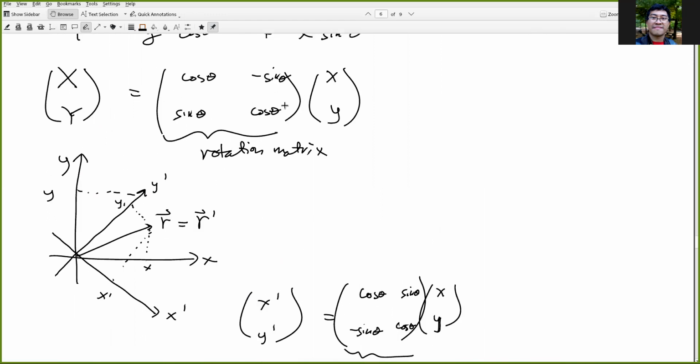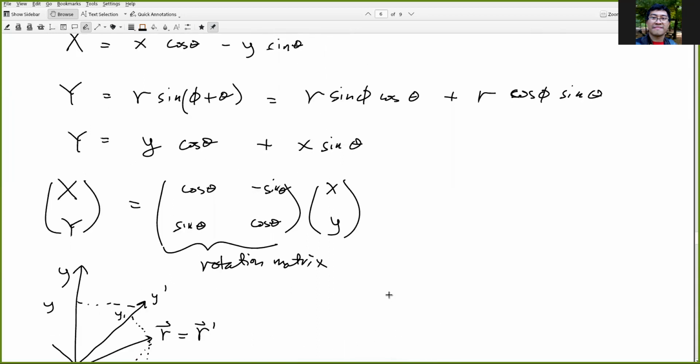So we get these two rotation matrices that are related by the angle: one has some value theta, and here we replace theta with its negative. That's how these two matrices are connected.